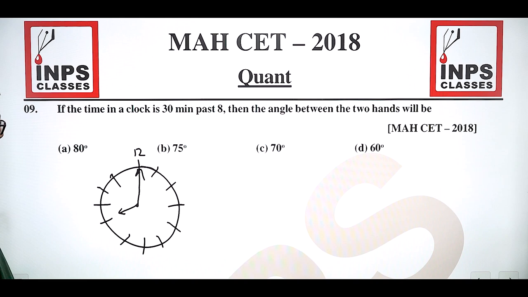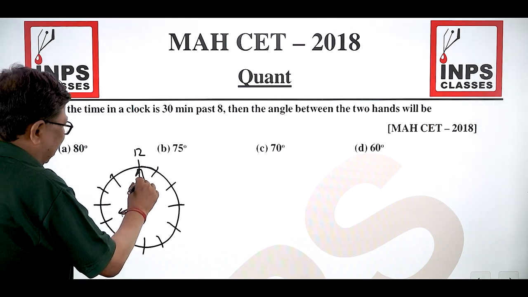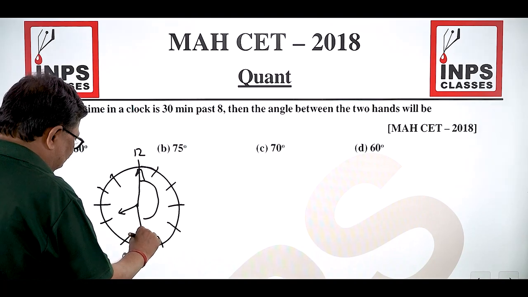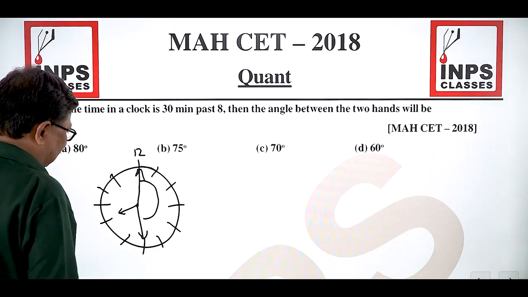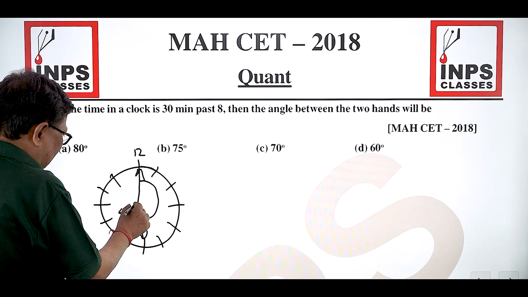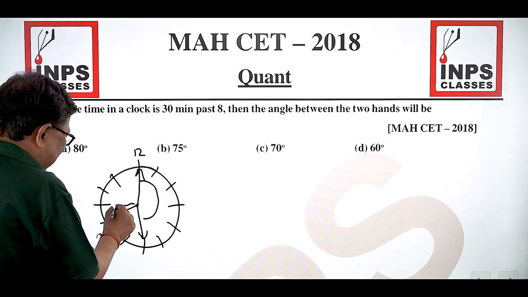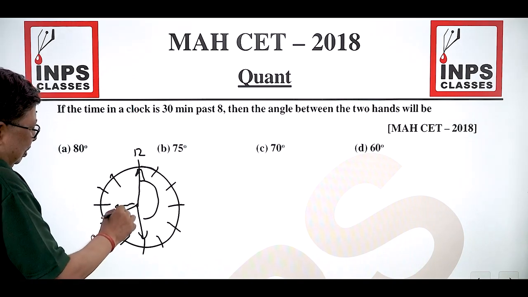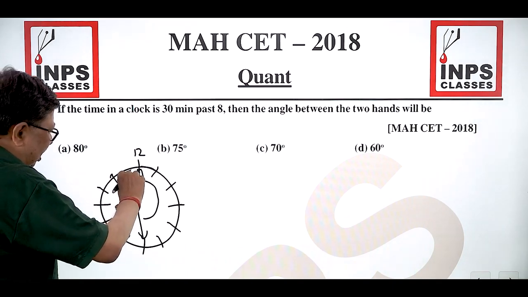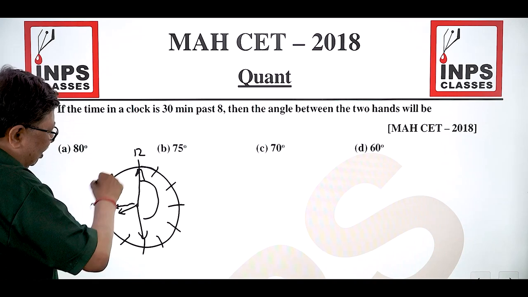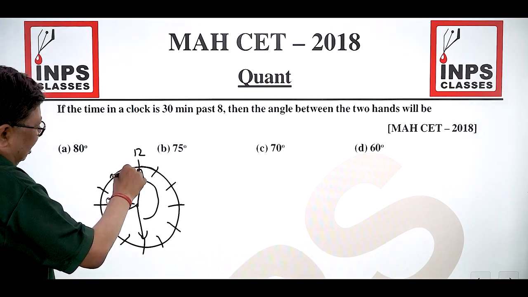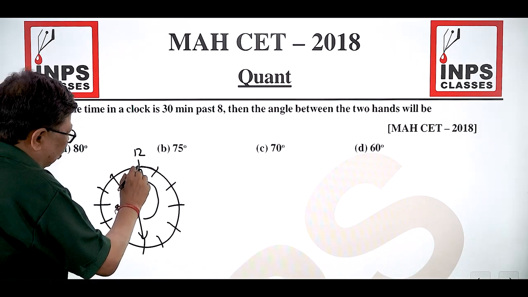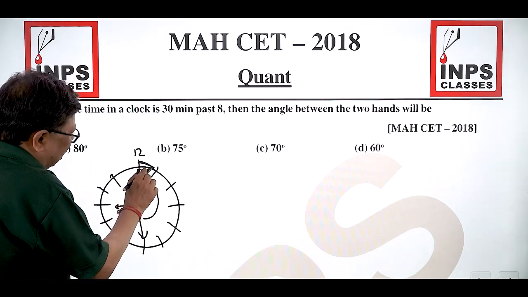Okay. At 8:30, the minute hand would have moved and come up to exactly this point 6, whereas the hour hand would have moved slightly somewhere here. Now, let us see, when the minute hand covers 360 degrees, that is in 1 hour, the hour hand moves only 30 degrees.